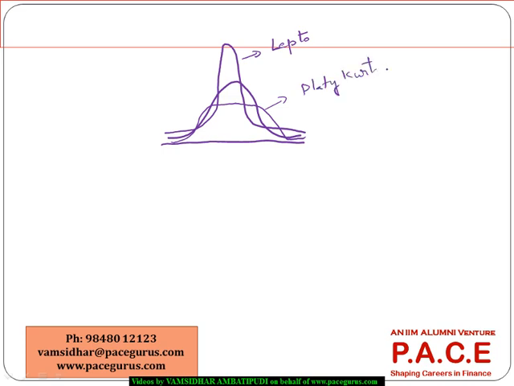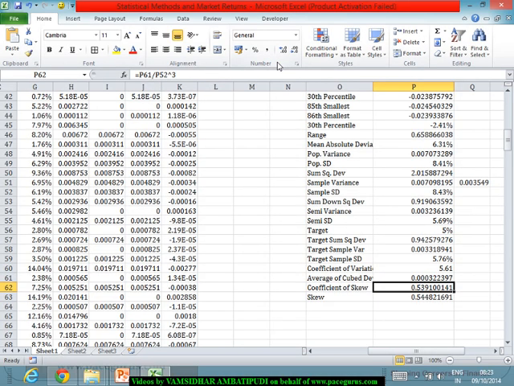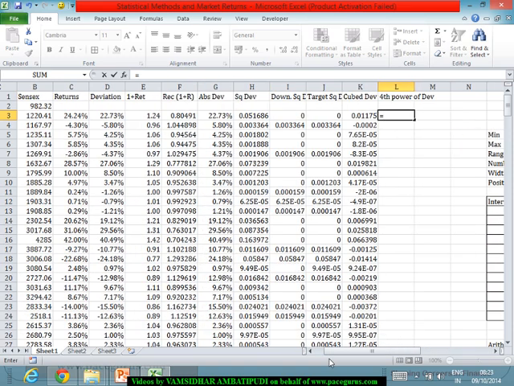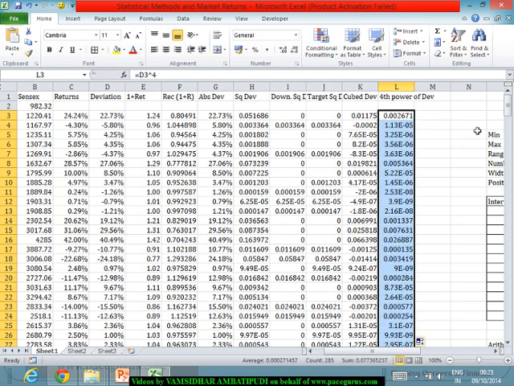And the way we compute it, as we have already said, I take the fourth power of the deviations.